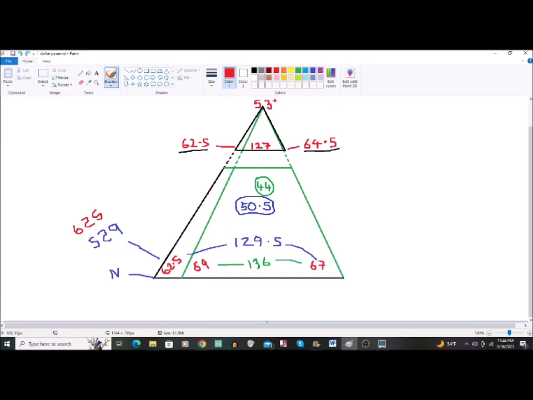the other points that are created up here as well, the capstone numbers, if you like. So 53 is the first one we're looking at. Okay, all I did was add the two angles here and here. Okay, as you would. These two angles, the 62.5 and the 64.5, add up to 127.